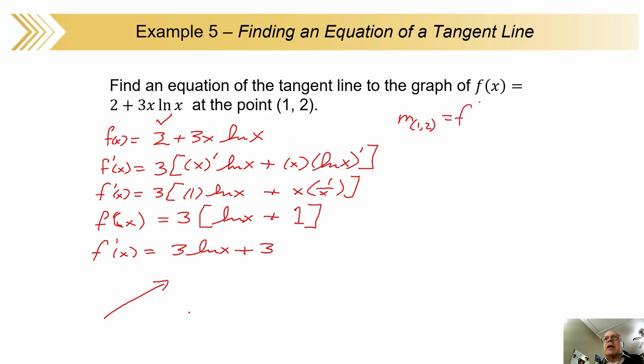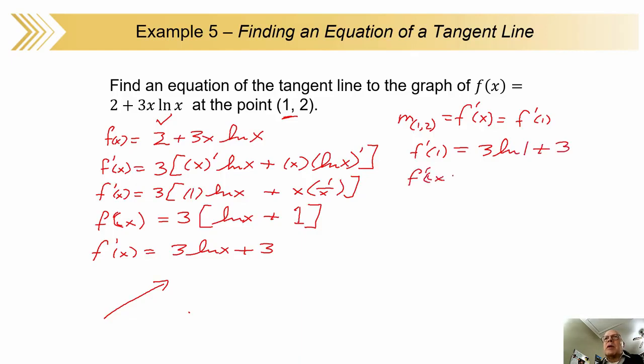So we need the derivative at a 1, because we put the 1 there, equals f prime of 1. So f prime of 1 equals 3 natural logarithm of 1 plus 3.